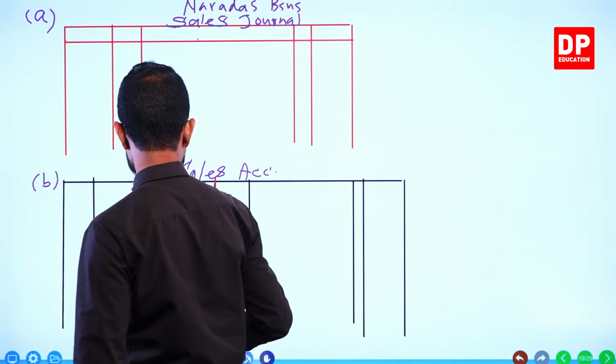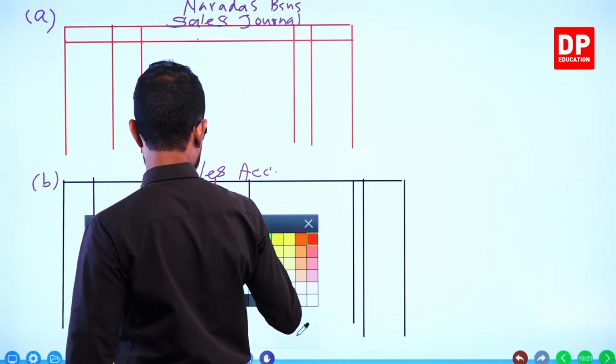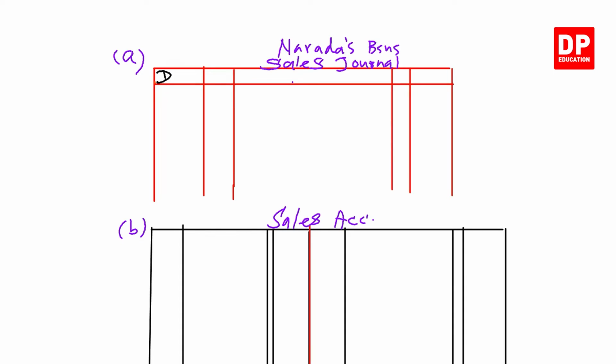You should name them in order: date, invoice number, amount in rupees.